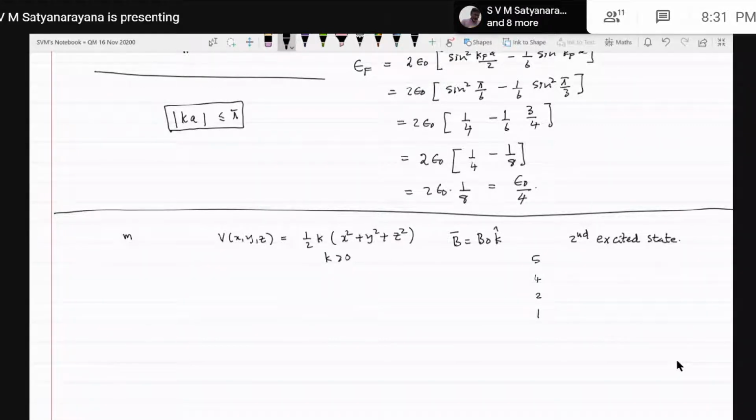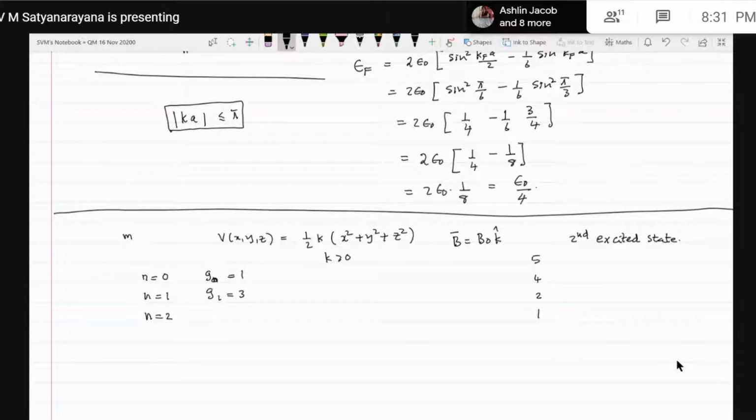So you know that n equal to 0 is the ground state, and that has a degeneracy d0 of 1. n equal to 1 has a degeneracy of 3, and the second excited state corresponds to n equal to 2.